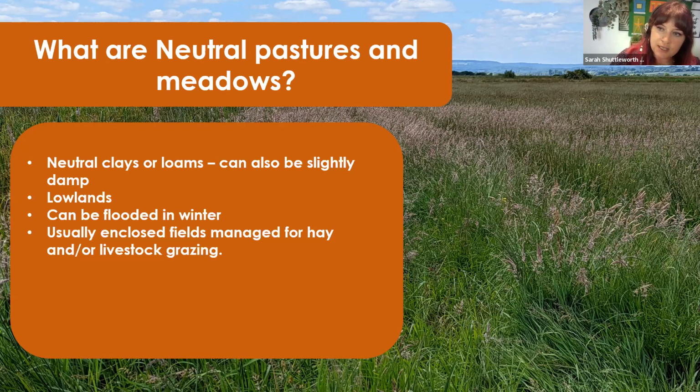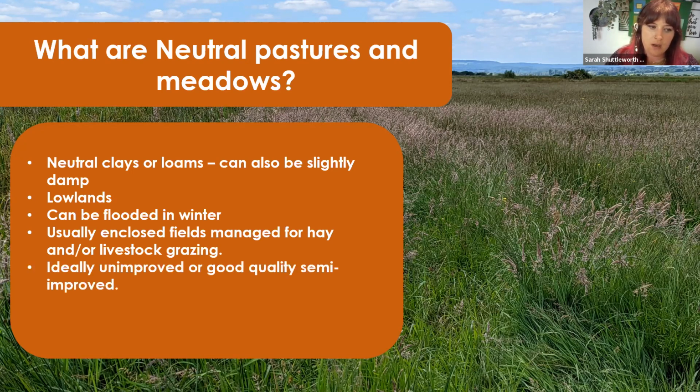It could also be grazed all year round by cattle, particularly if it's managed as a nature reserve, or maybe it's sheep or even pony grazed. Ideally, we're looking at the unimproved or the good quality semi-improved. Now, if you've not heard of this terminology before, it's essentially talking about whether it's had improvement for agricultural means.